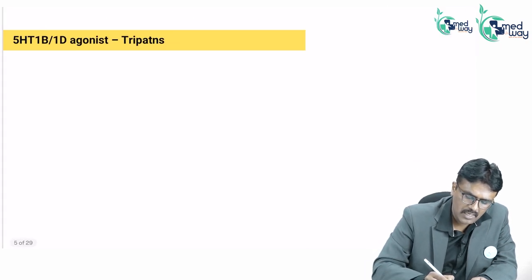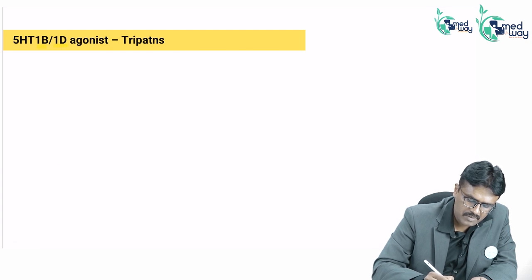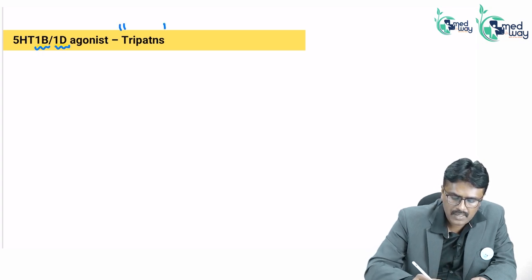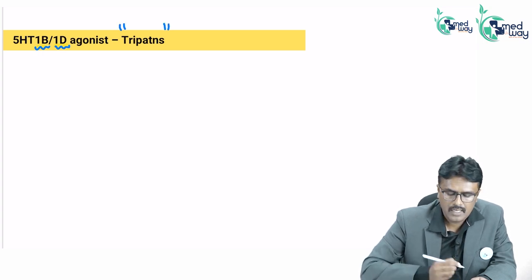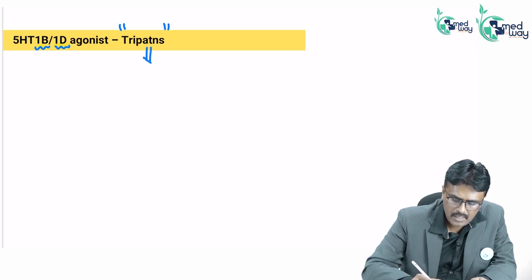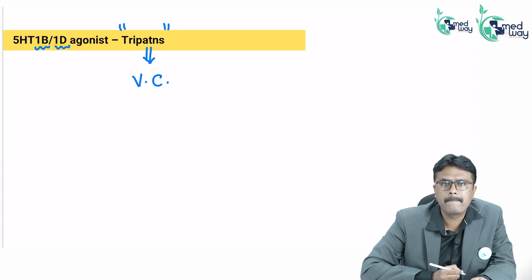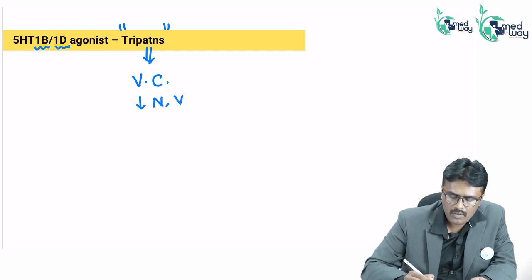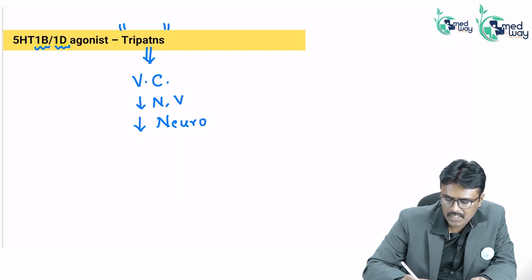Now we have 5-HT1B 1D agonist, the names are called as triptans. Now triptans, they mainly cause vasoconstriction, and they decrease the nausea and vomiting, and not only that, they decrease neurogenic inflammation.